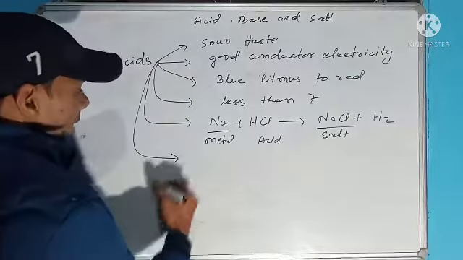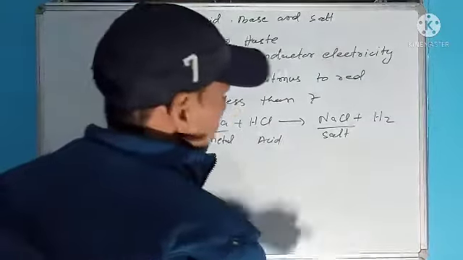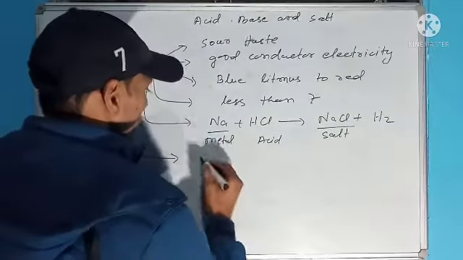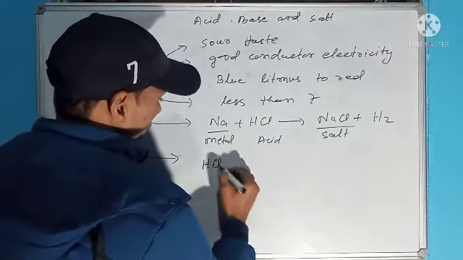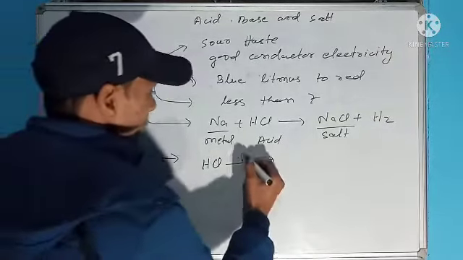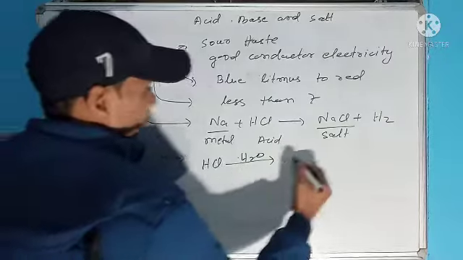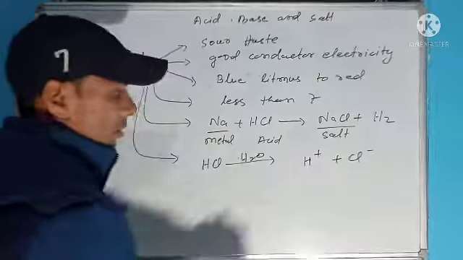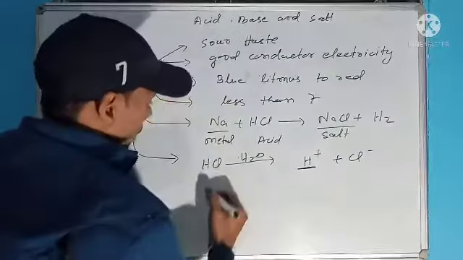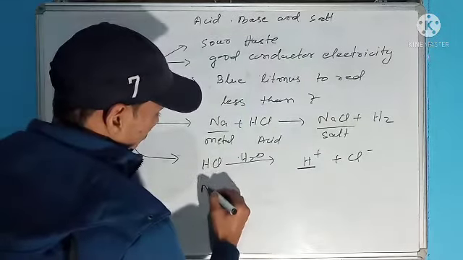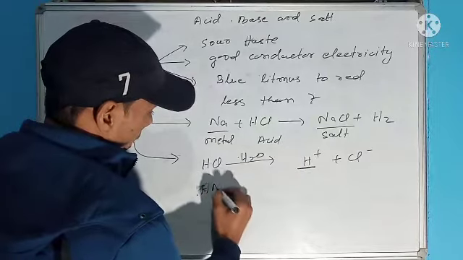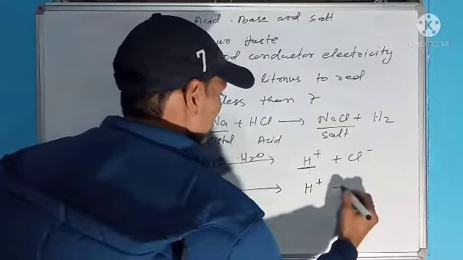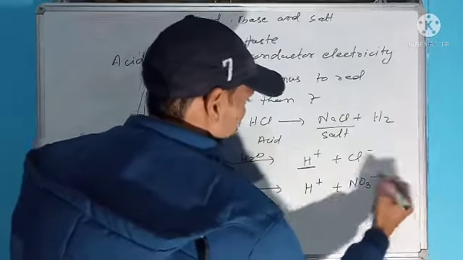Acid, when dissolved in water, gives H plus ion. HCl when dissolved in H2O gives H plus ion and Cl minus ions. Again HNO3 gives H plus ions plus NO3 minus.